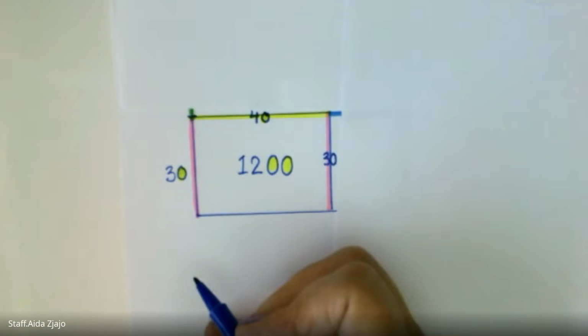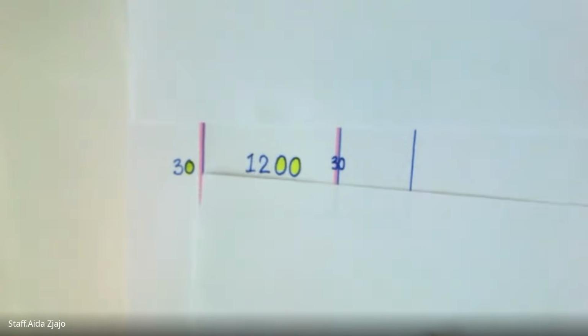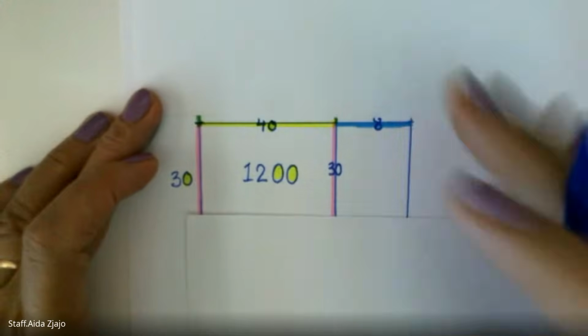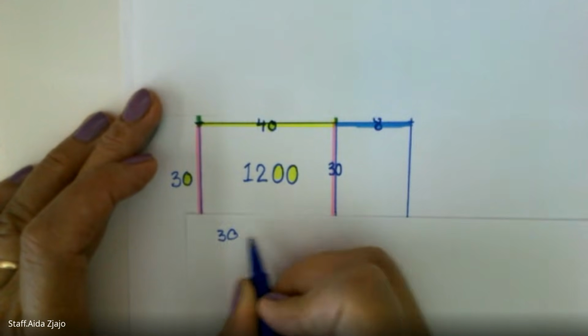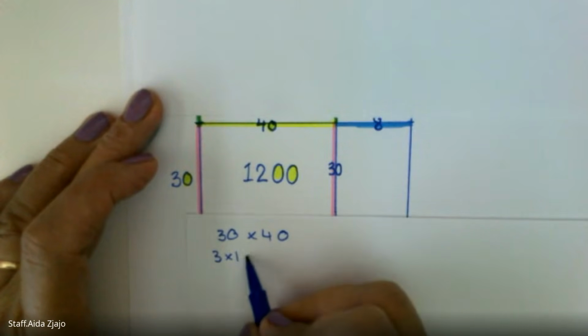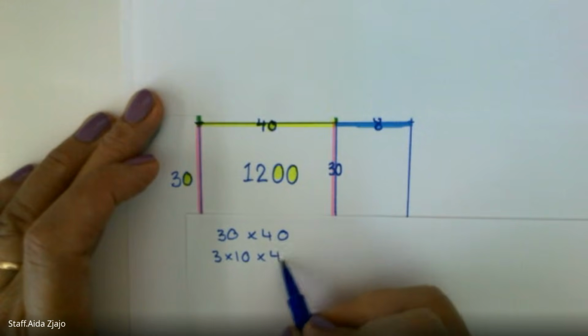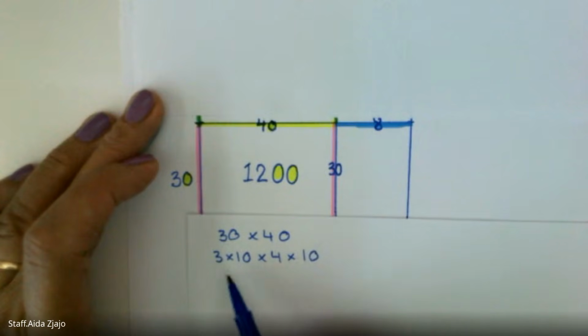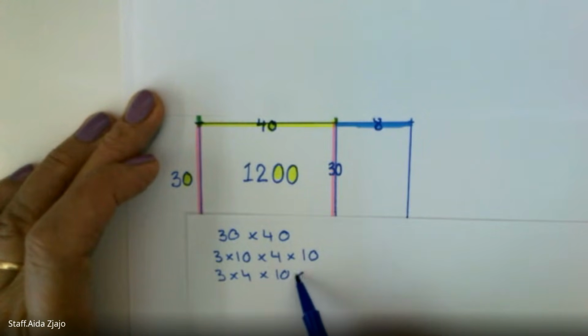So this means 3 times 4, a commutative property of multiplication. If you want, I can explain it further. If I have 30 times 40, I can do 3 times 10 times 4 times 10. I decompose, and then now I can commute. I can do 3 times 4, and I can do 10 times 10.